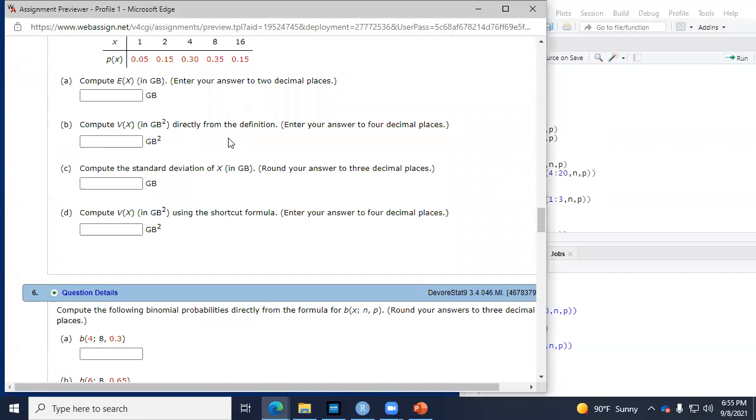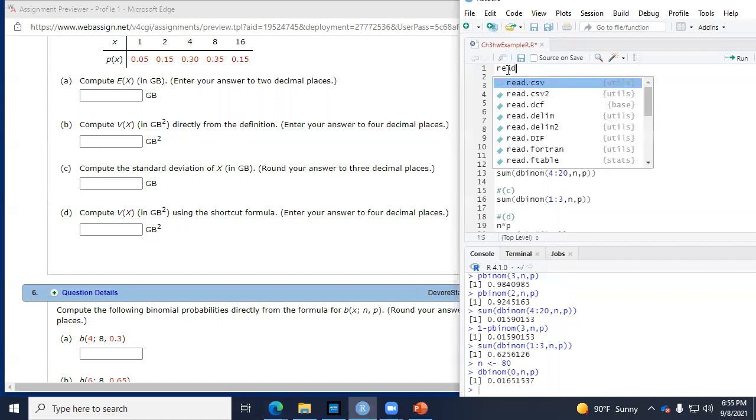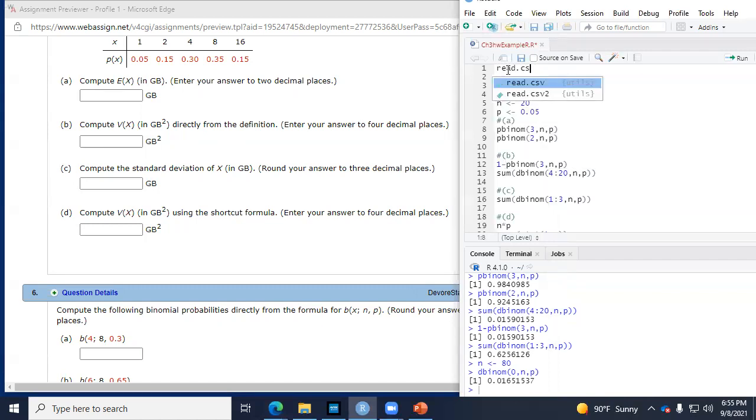Once you save it into either a .csv or .txt, the usual way that you learn a programming language is you just Google it: how to read a .csv in R. This is a very basic thing, and you will find the answer. When you read the CSV, you do read.csv.